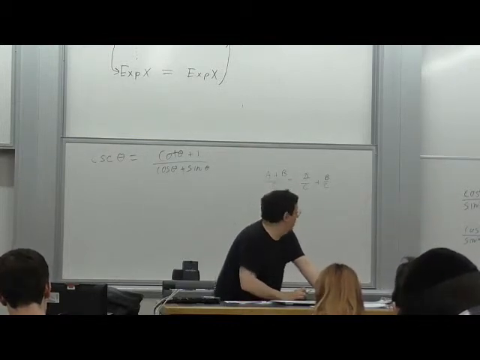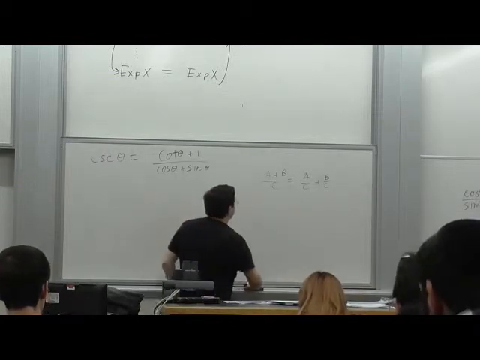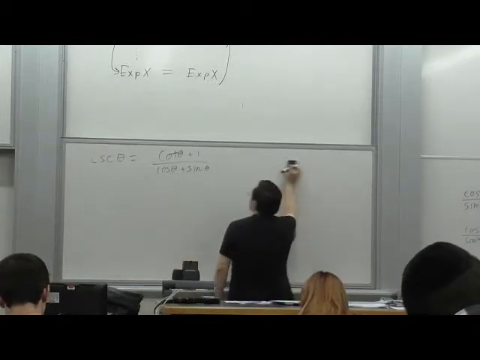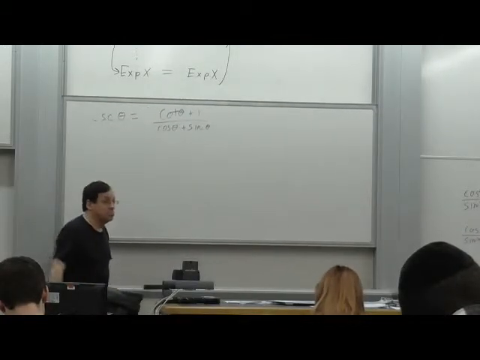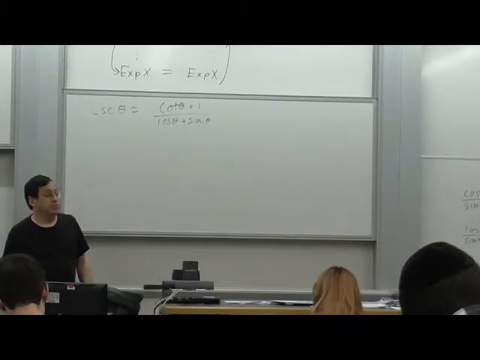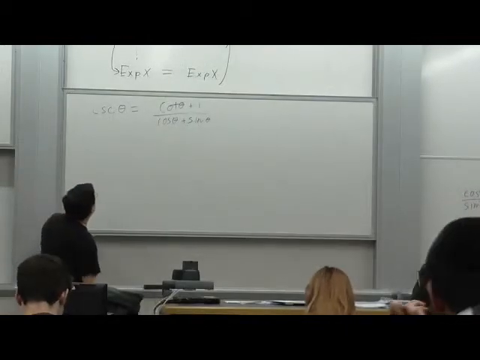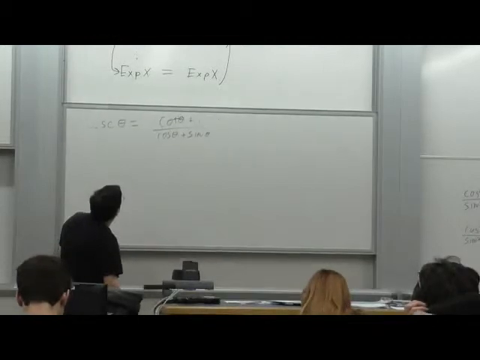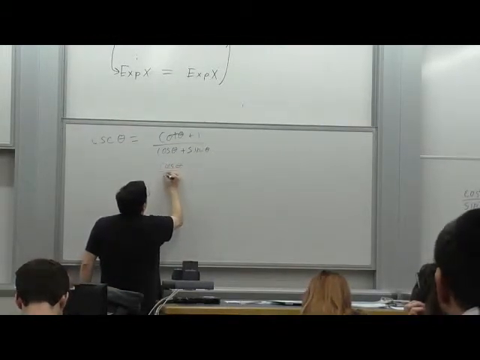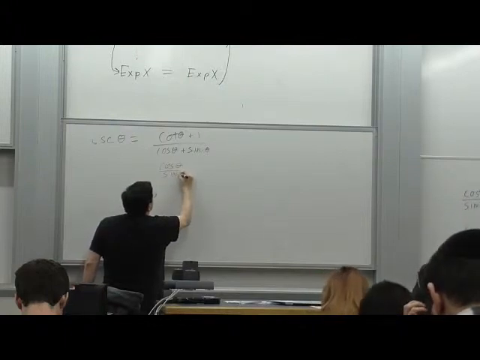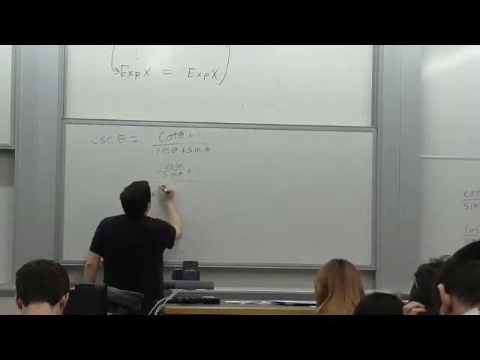All right, someone want to tell me where I might start with this one? Convert cotangent to cosine over sine.